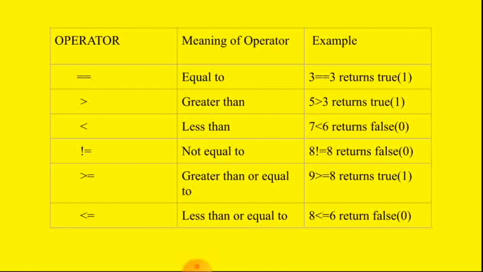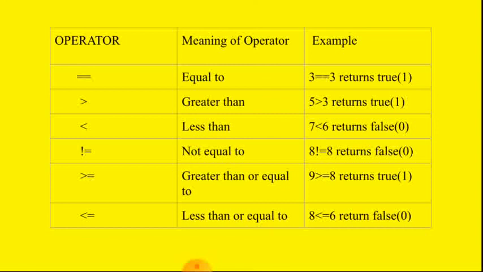So it is true. That is 1. 7 less than 6. It returns false because 7 is greater than 6. So it returns false. That is 0. False means 0. True means 1.